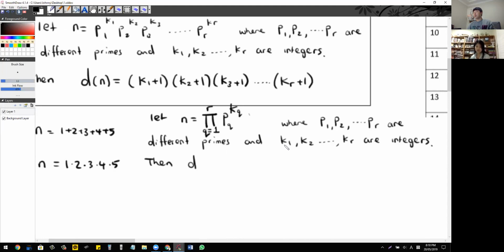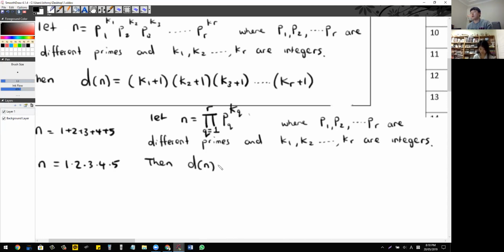Yeah, I don't want to do PQ because it introduces another complexity. If I say PQ is a prime, that means Q is not a specific number. So that introduces another difficulty. So I'm just going to put it like that, same as the above there.